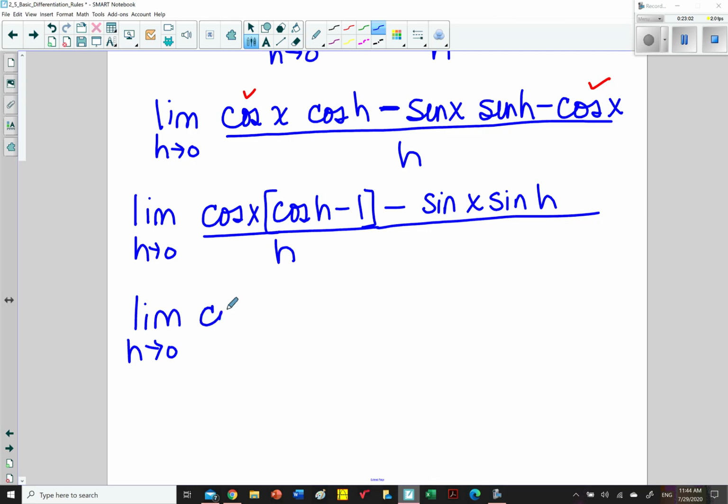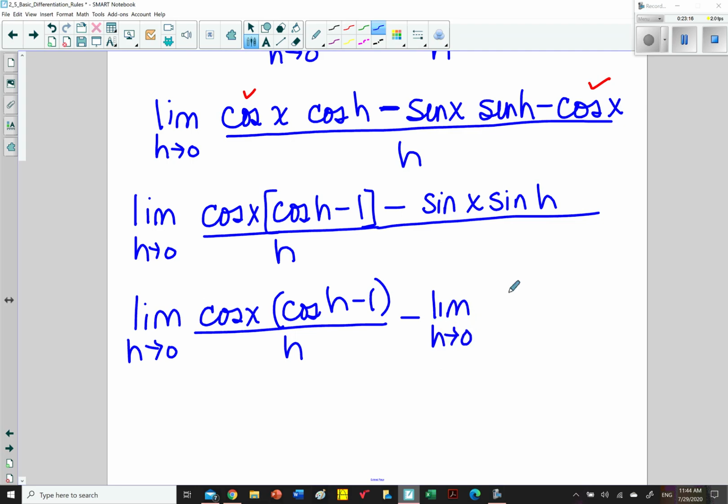So we have cosine x cosine h minus 1 divided by h, and we're subtracting the limit as h approaches 0 of sine x times sine h divided by h.